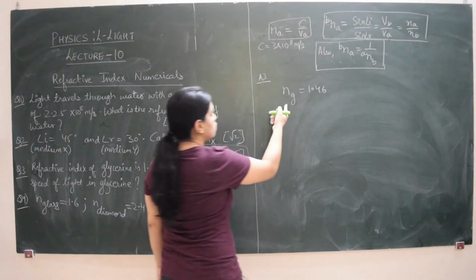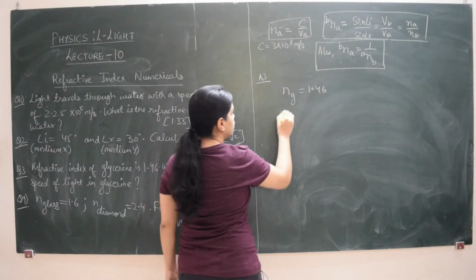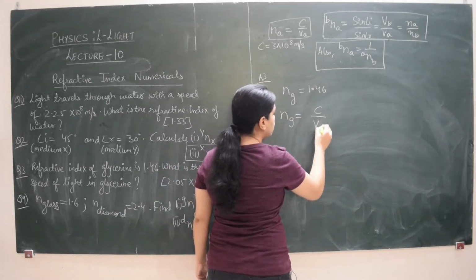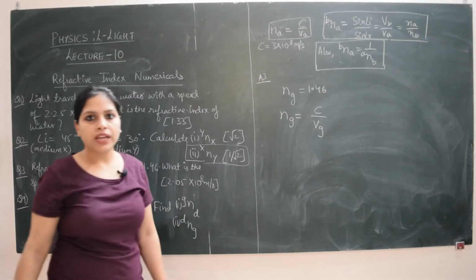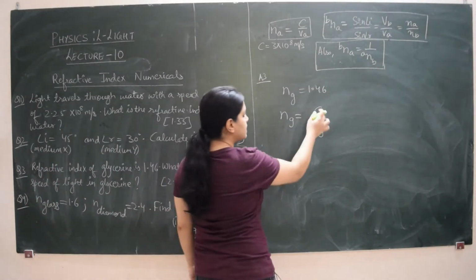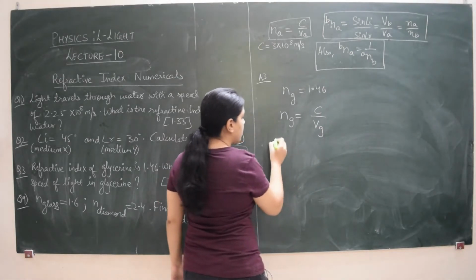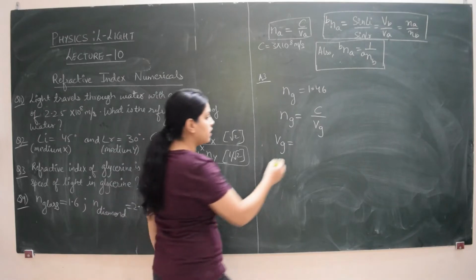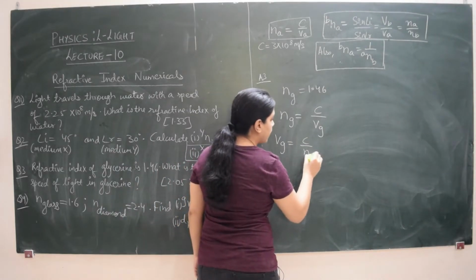So we can use this relation once again. Generally we know that Ng should be C upon Vg. Absolute case we are using, not the relative one. So Ng is C upon Vg. From here I can say that Vg, which is the speed of light in glycerine, will be C upon Ng.